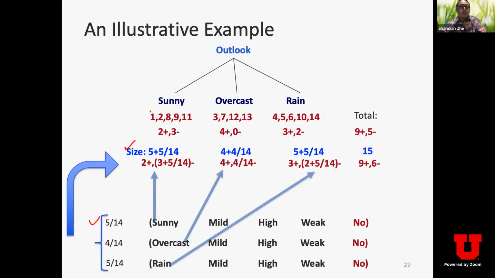So previously, this is the previous partition result. For the sunny subset, out of these 14 examples, we have 2 positive, 3 negative. Now we add a fractional example. The fraction is 5 over 14, which is negative, into that. Now, what's the total size of the subset?